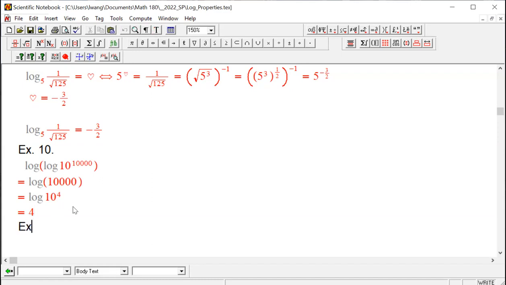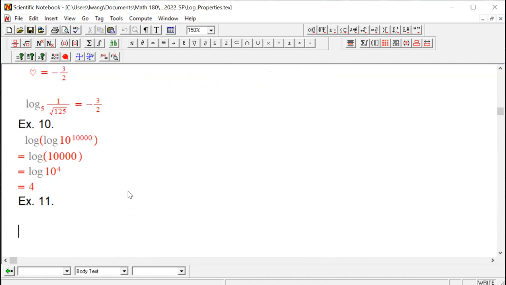Let's look at another one. This one surely will get your attention. What we have here is ln of ln e raised to the power of 200. Look at that.